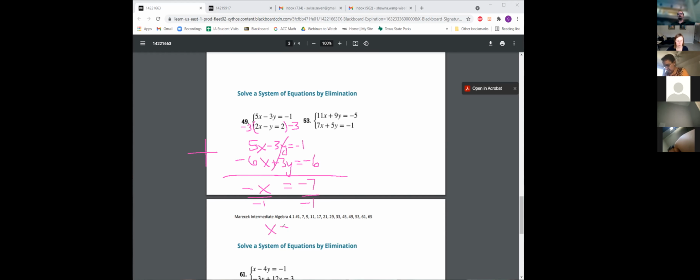Because it's by elimination, I will number them: the first is 1, then the second is 2. 1 plus 2 is going to be minus x equals minus 7, and x equals 7. Good. I think it's clear. 7, and now what do we do?